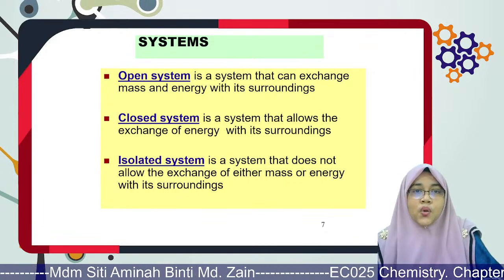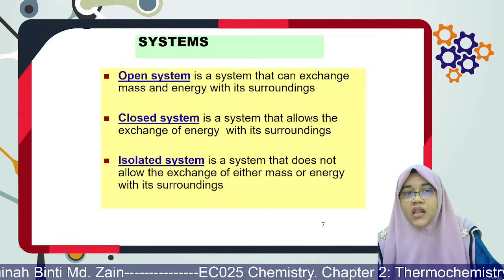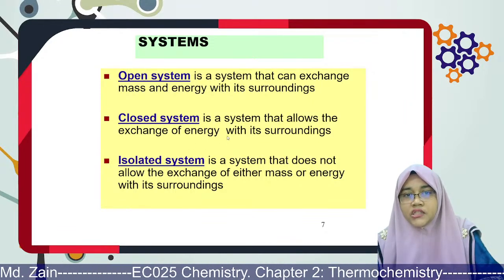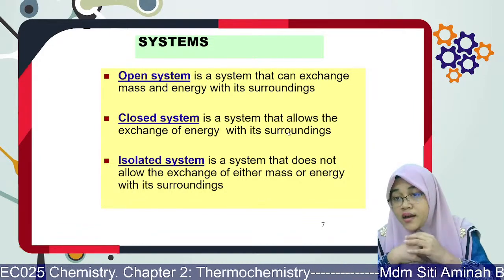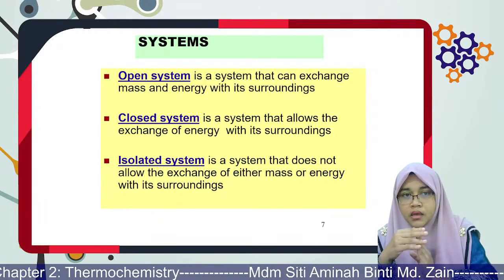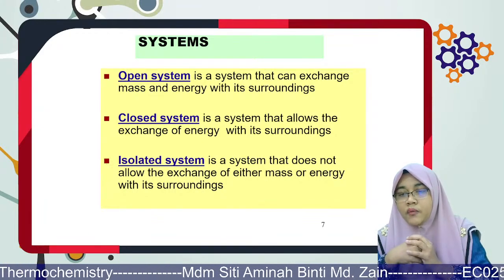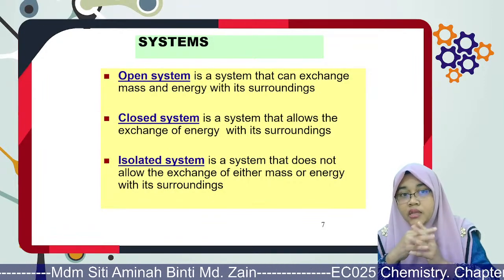Okay, what is a closed system? A closed system is a system that allows the exchange of energy with its surrounding. So if this coffee cup has a lid, penutup, this is an example of a closed system.